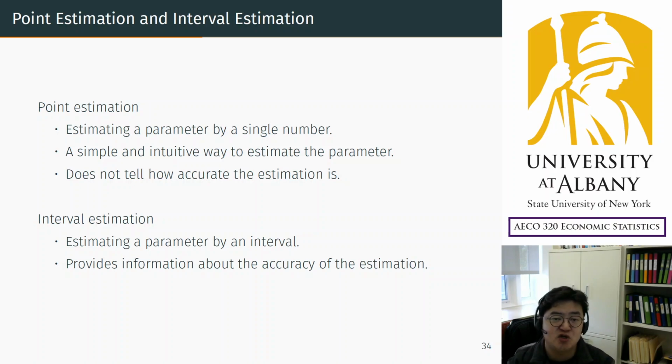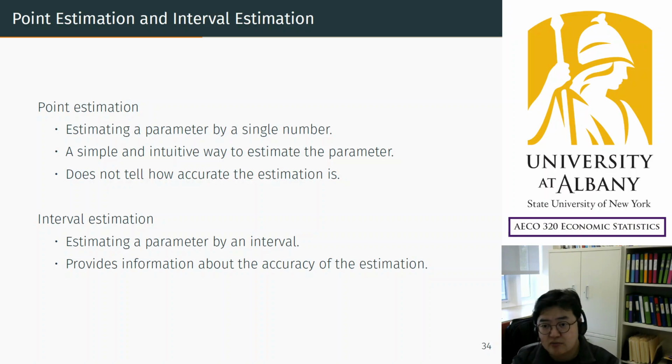Literally, point estimation is estimating a parameter, which is a point, using a point, right? The parameter is a number, and we are estimating the parameter using a number. It is simple, intuitive, and that's what we learned up to the last video. But the problem is, as I said, it does not say anything about its accuracy.